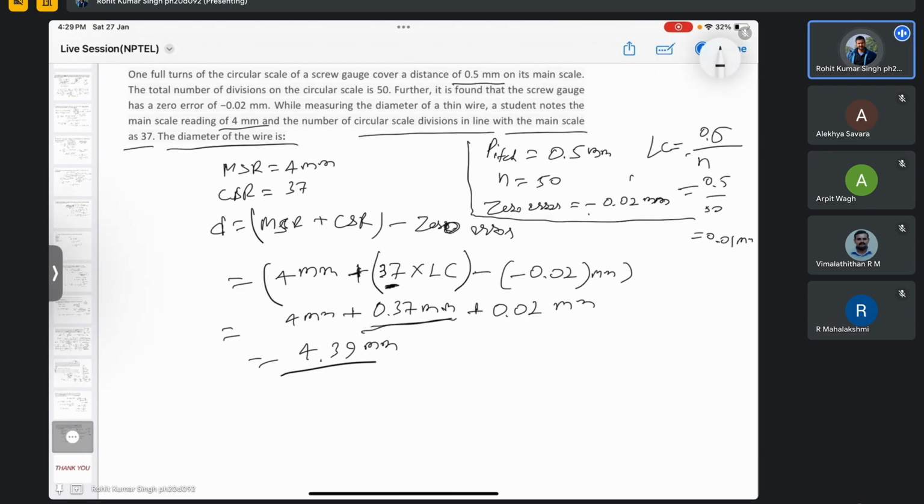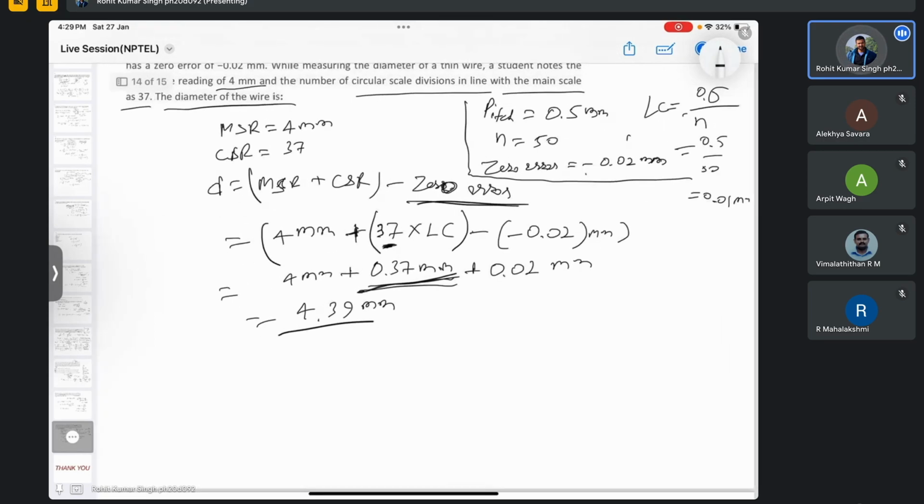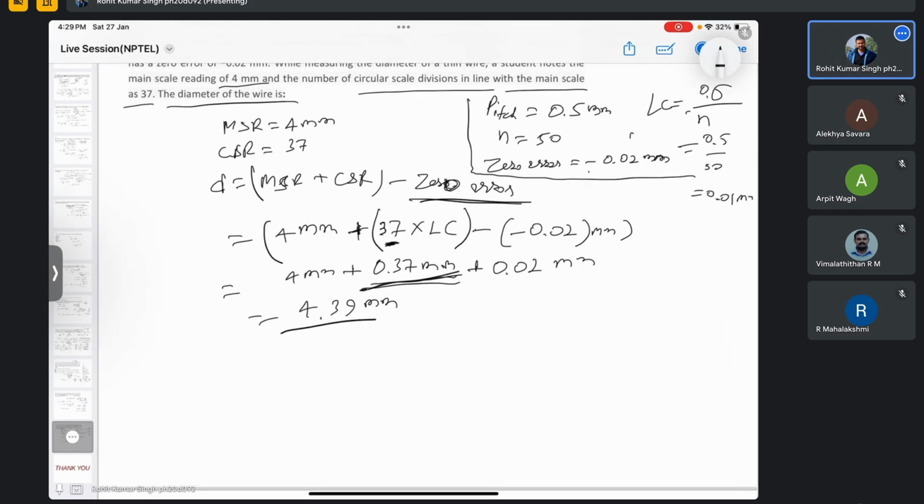That gives us the circular scale reading in mm. Now, to find out whether the zero error is positive or negative, let us draw some pictures. First I'll define what positive and negative zero error means.